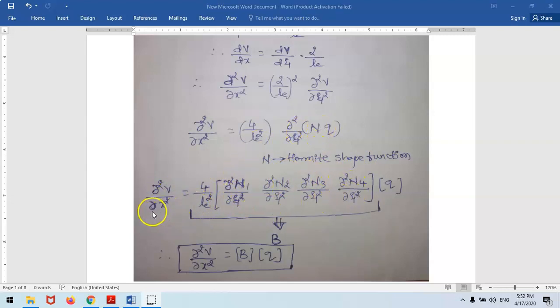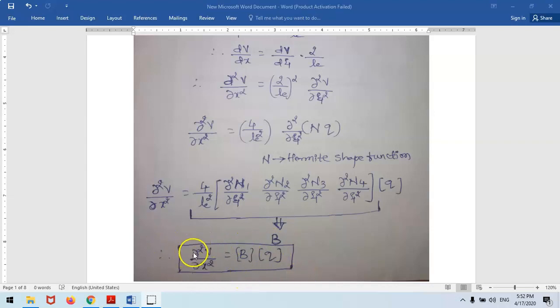So dou square v by dou x square is equal to 4 by LE square, and this is a matrix of dou square N1 by dou zeta square, dou square N2 by dou zeta square, dou square N3 by dou zeta square, dou square N4 by dou zeta square, and the q matrix will be as it is. What we are going to do is replace this complete term, whatever is there except q, by capital B. So the final equation will be this.